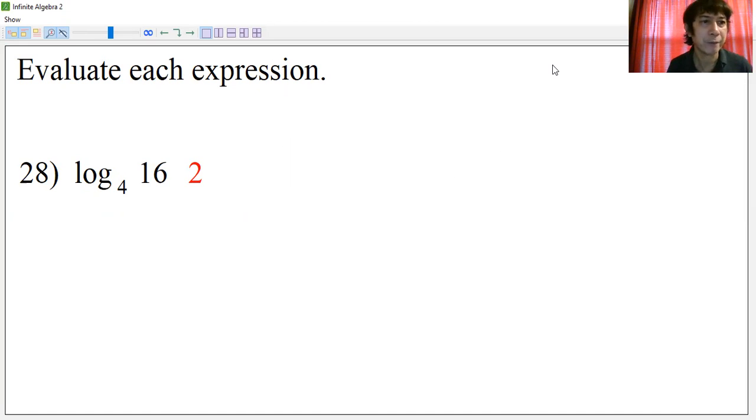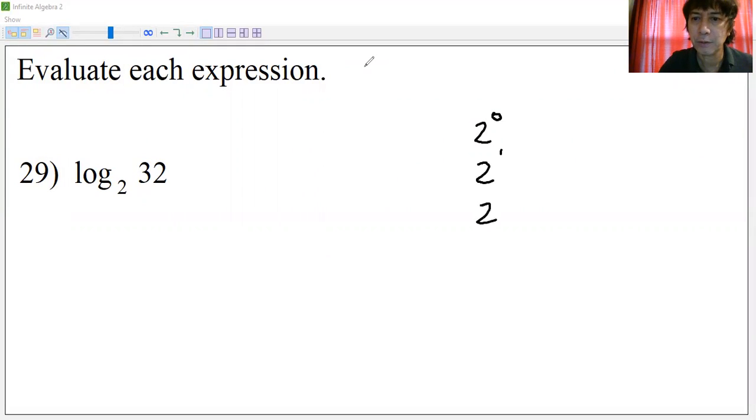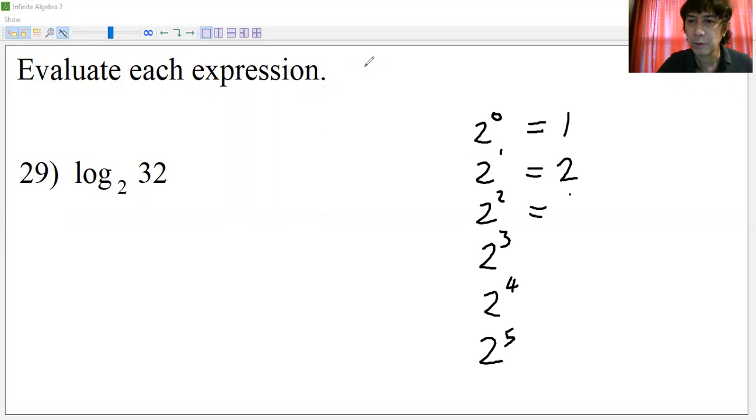Let's go on with number 29. This is logarithm of 32 base 2. So what is 32? Powers of 2. That's 2 to the 5. You shall recall your powers of 2: 2 to the 0, 2 to the 1, 2 to the 2, 2 to the 3, 2 to the 4, and 2 to the 5. This is 1. This is 2. This is 4. This is 8.